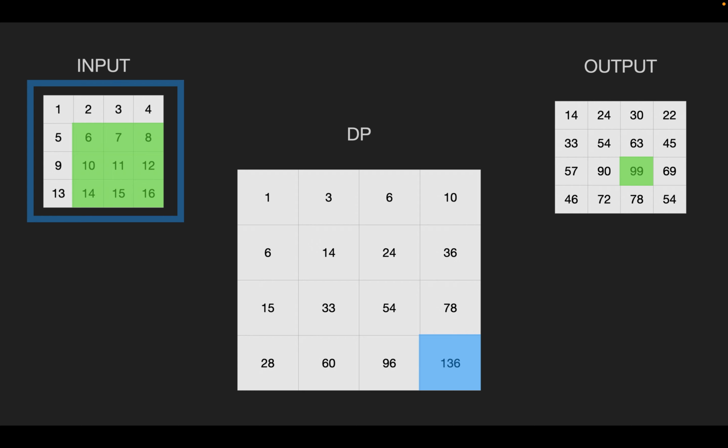All right, so we can start off by looking at the prefix sum of the lower right corner of the input. The lower right corner of the green box on the left side is input 3, 3, which is 16.